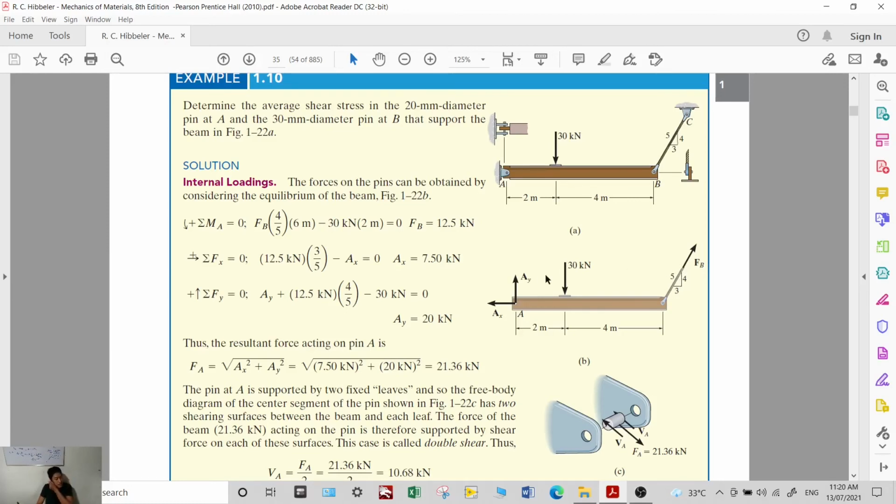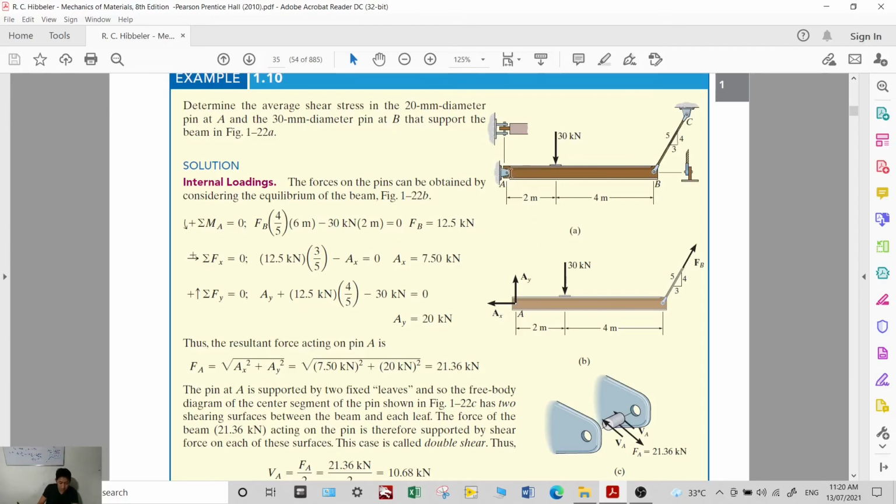Okay, so we have gotten that. Now we need the value of A, so we apply summation of forces along X and Y. Solving that, you get AX is 7.5 kilonewton and AY is 20 kilonewton. Why did we get AX and AY?